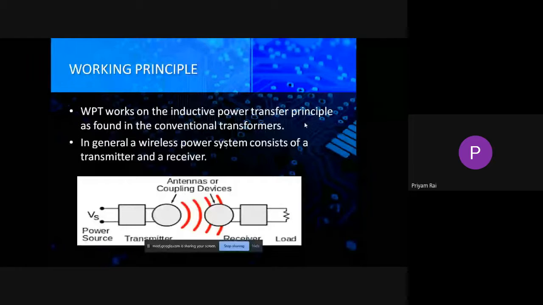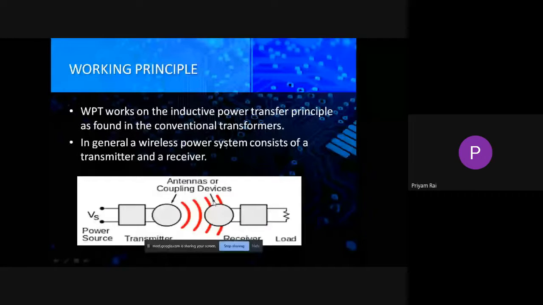Here you can see a transmitter. This is the block diagram of a wireless power transmission, and here first you can see a transmitter device at the left side. This transmitter device is connected to a power source, and this power source is connected to a high frequency alternating current.